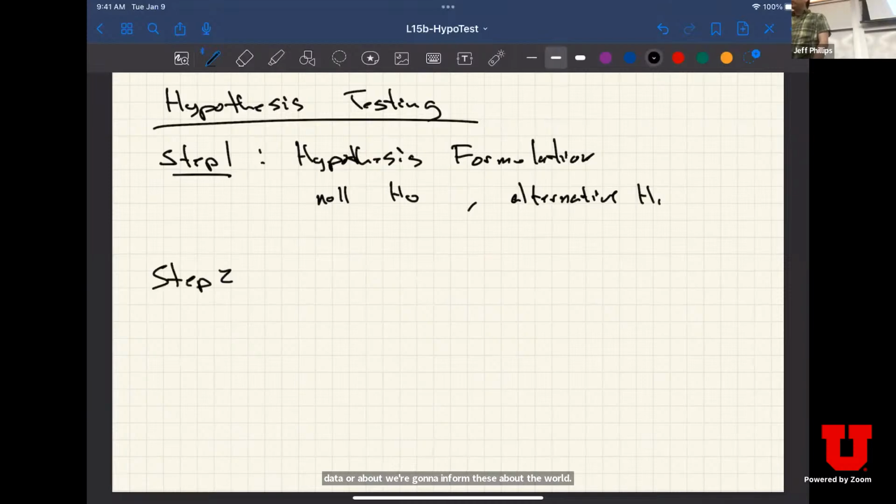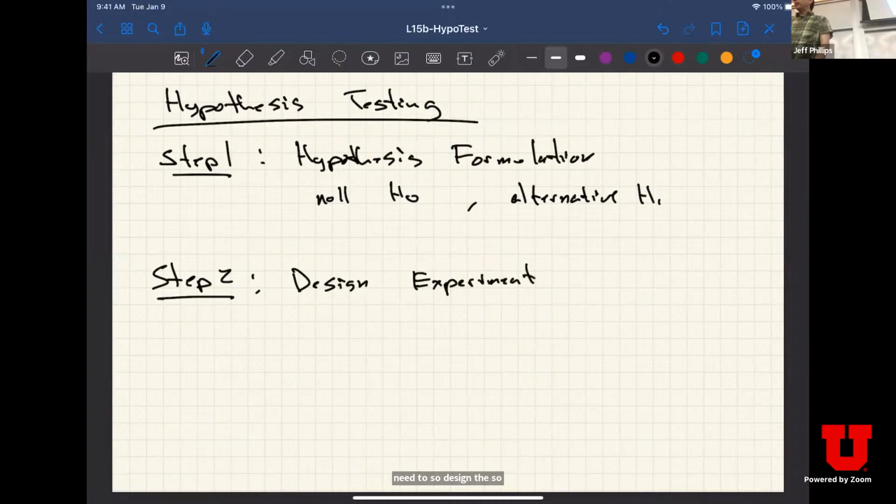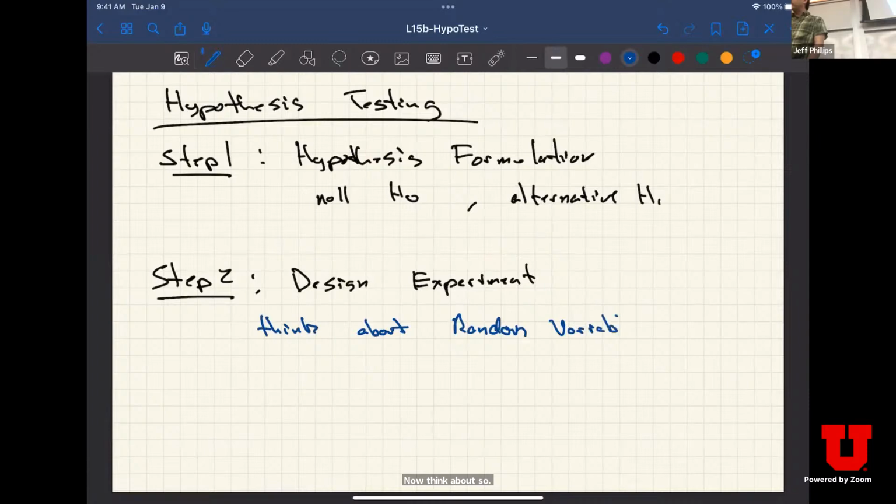Step 2. Once I've formulated the hypotheses, then I need to design the experiment. This is where I design the experiment. I'm going to now think about random variables.